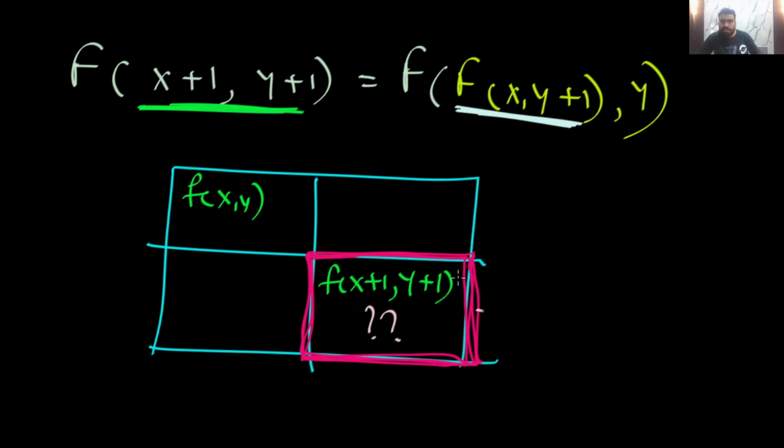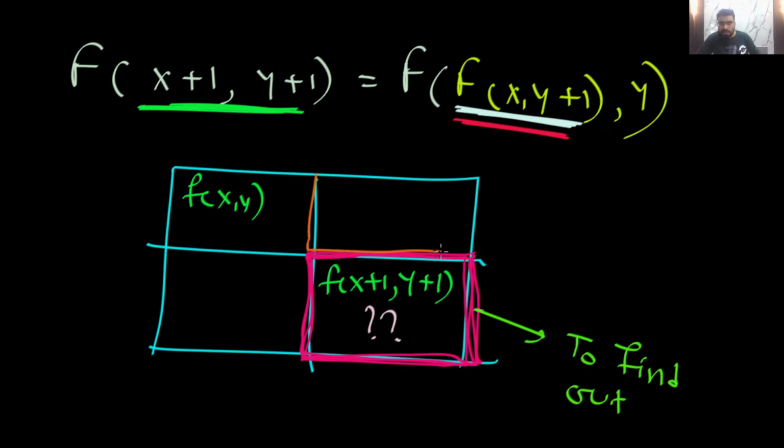First you have to find this entry, f(x, y plus 1). Where is this entry? This entry is just above. Yes or no? Look at this entry. This entry is your f(x, y plus 1). Now let's assume that this entry is alpha. Let's call this entry alpha.